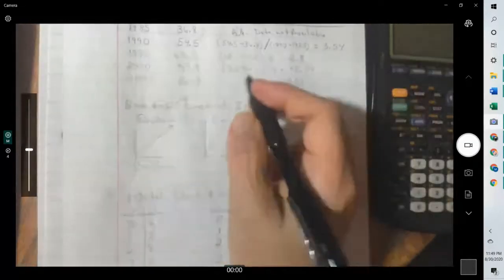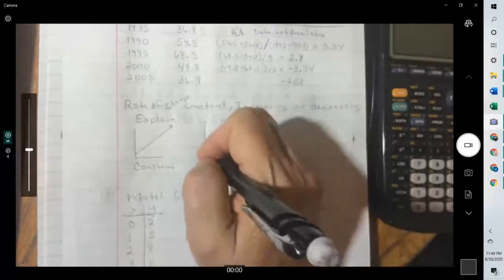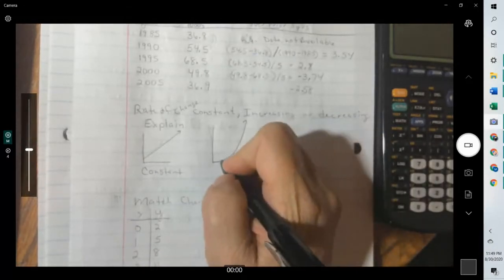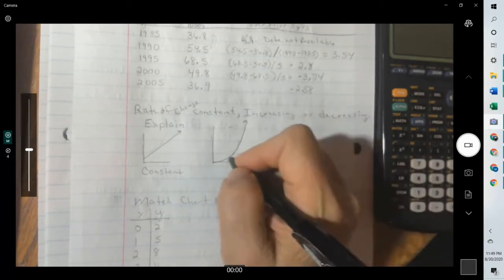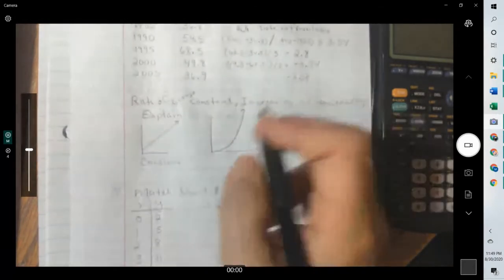To be increasing, that means the slope keeps changing and it's increasing. Like if we went like this, our slope would keep increasing. If we found the slope here and then here and then here, it would be different. So the slope is increasing.